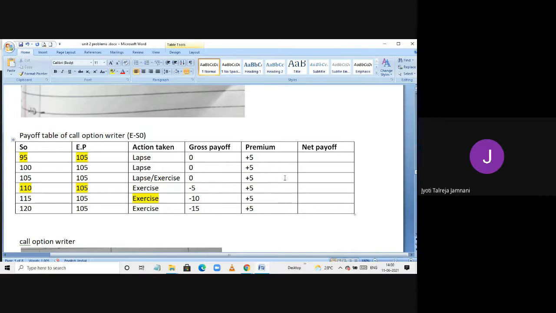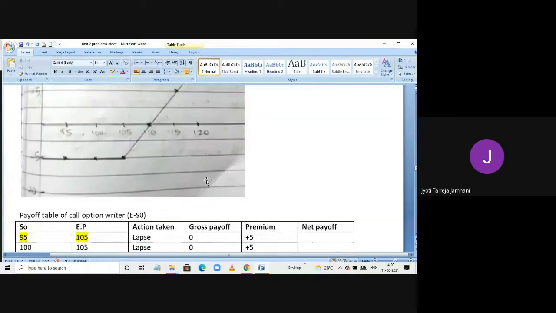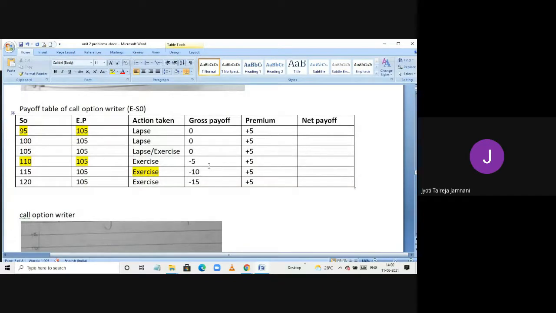Both cannot gain. Remember, if both buyer and seller gain, then that contract is not valid. Either of them will gain and one person will lose. So both will never gain. It will be either zero, nobody gains, or one person gains and the other person loses. So if Mr. A has gained here, that is by doing S naught minus E, then the writer has to lose that much amount, that is by doing E minus S naught.